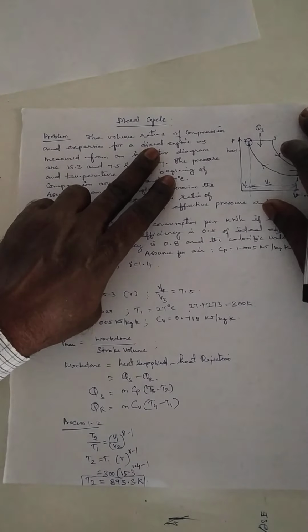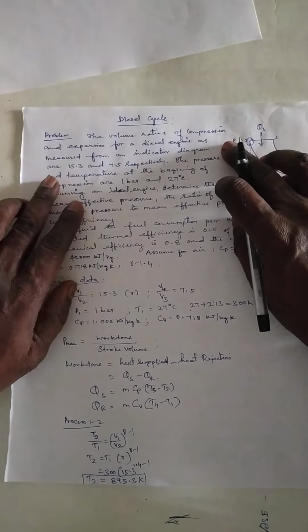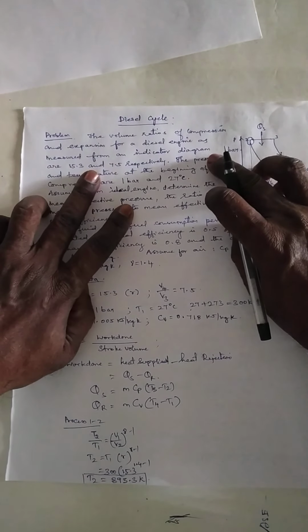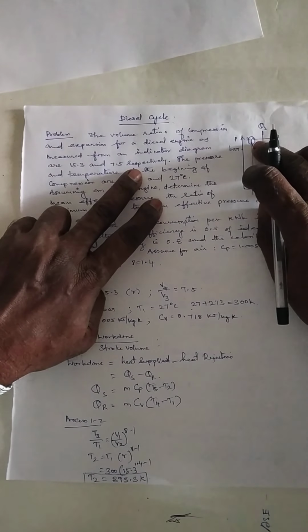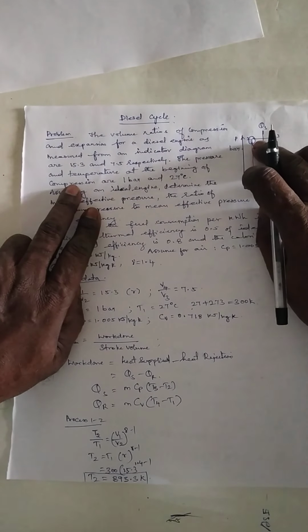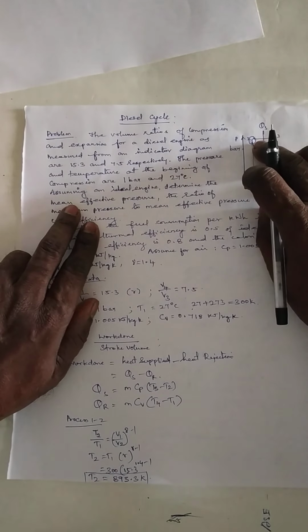The volume ratios of compression and expansion for a diesel cycle, as measured from an indicator diagram, are 15.3 and 7.5 respectively. The pressure and temperature at the beginning of compression are 1 bar and 27 degrees Celsius.